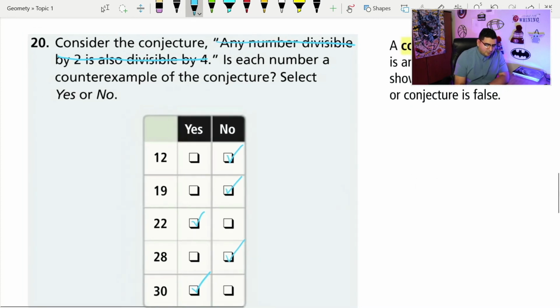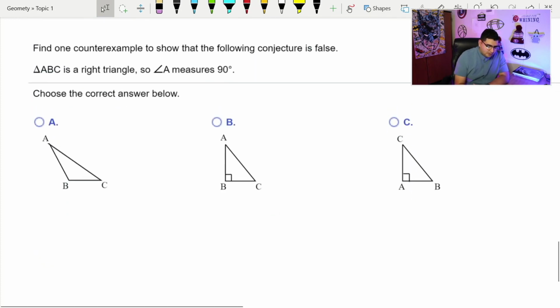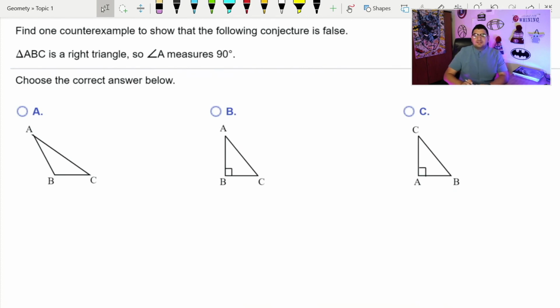So let's look at another example of how we try to find a counterexample to prove a conjecture wrong. Here it says, find one counterexample to show the following conjecture is false. Here's what the conjecture says: ABC is a right triangle, so angle A measures 90 degrees.